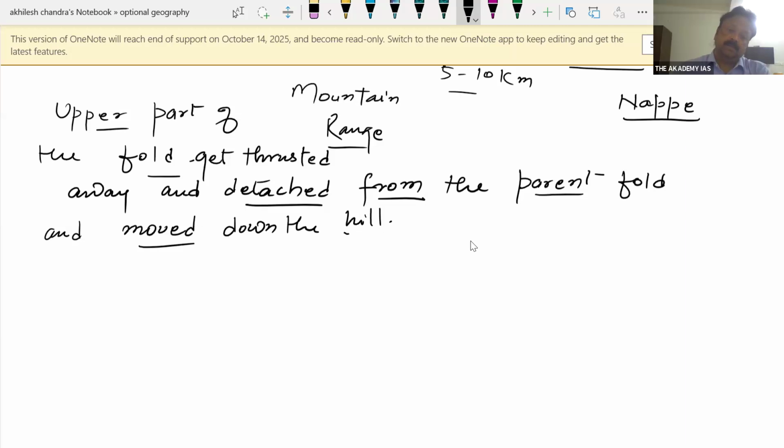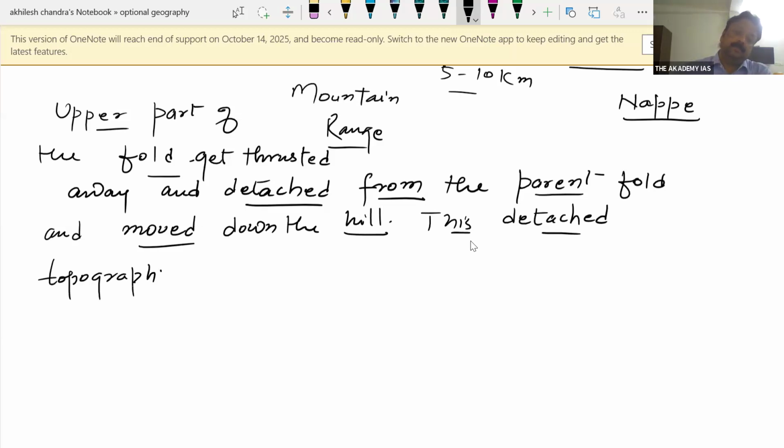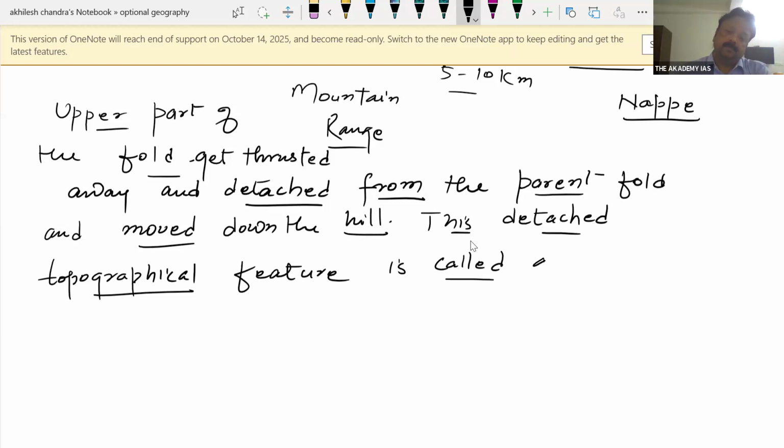This detached topographical feature is called a nappe. इसे nappe कहते हैं बच्चे, ग्रीवा खंड कहते हैं, ग्रीवा खंड. फोल्डेड माउंटेन की गर्दन कट के दूर चली गई.